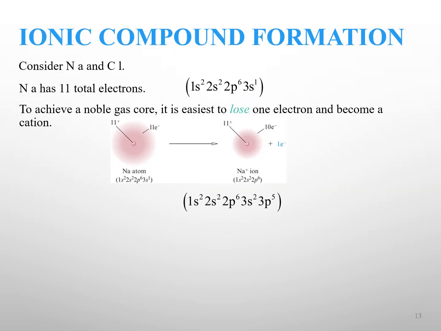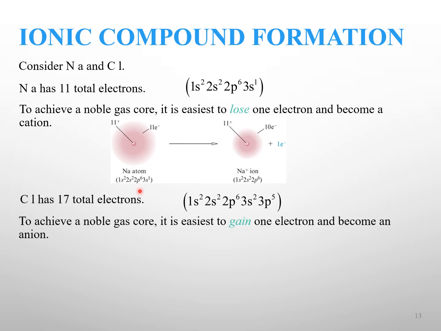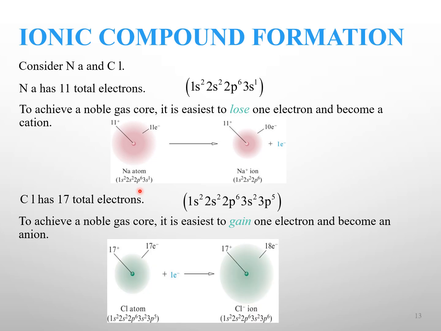So let's take a look at ionic bonds between Na and Cl. We've talked about how Na becomes an Na plus ion, and how Cl can become a Cl negative ion. But now we can show the electron configurations. They want to look like noble gases.